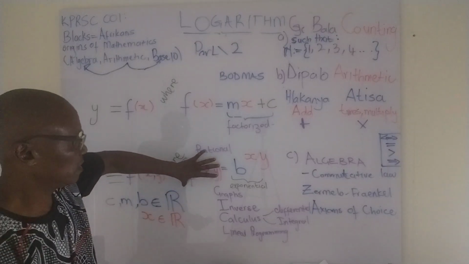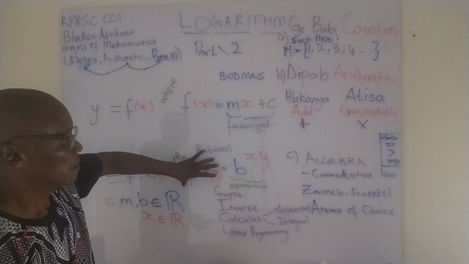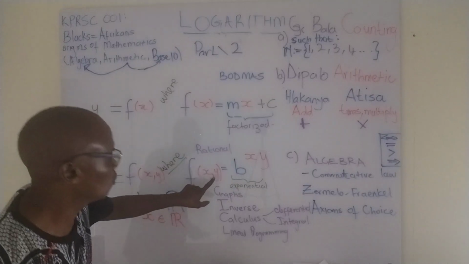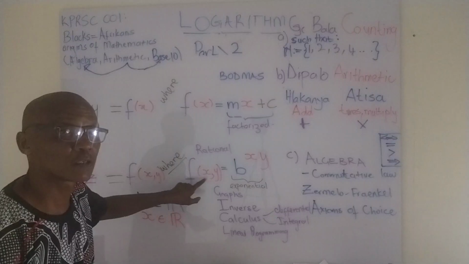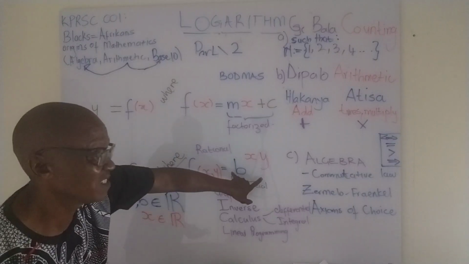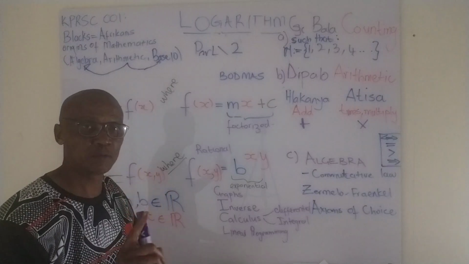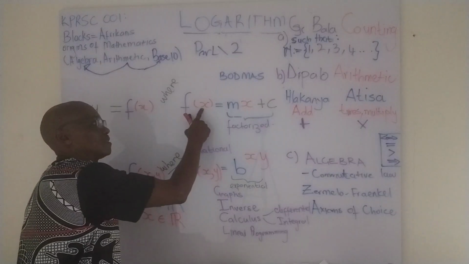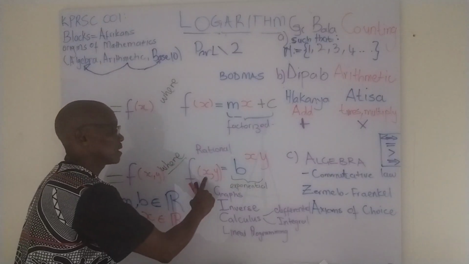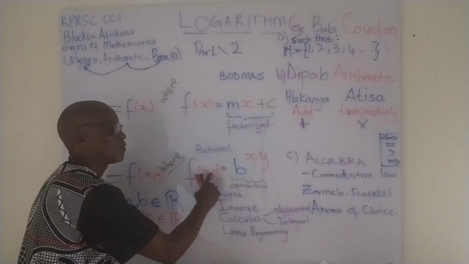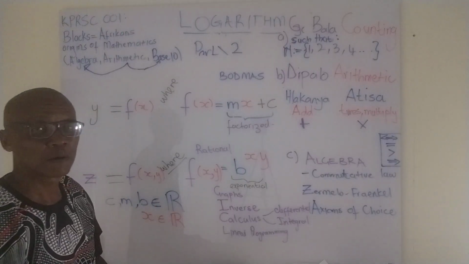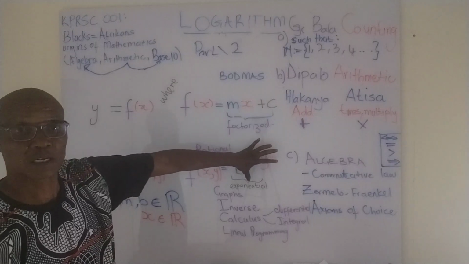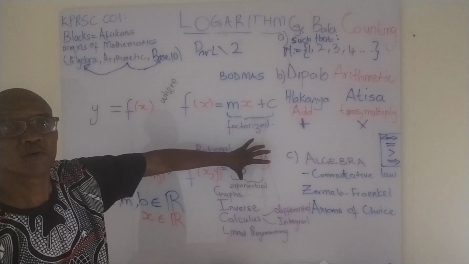F of x is telling us what your independent choices are, that there is an expression in terms of your independent choices. And it's specifying those independent choices. In this case, it says it's only x. In this case, it says your independent choices are x and y. But the arithmetic takes over.